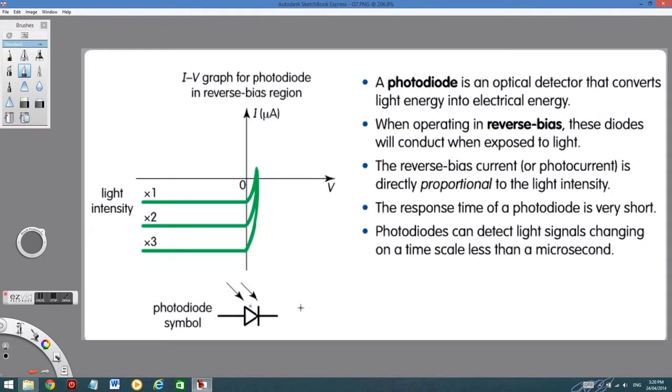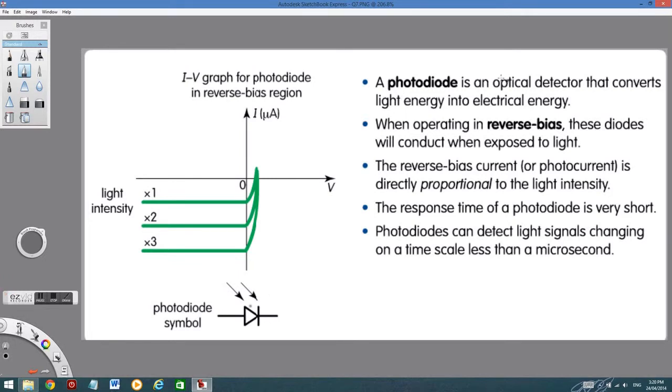That's the beauty of the photodiode. It relays light intensity into the current in the circuit. That's why this is an effective optical detector, because it modifies the current straight away.